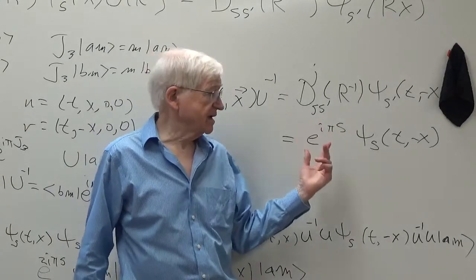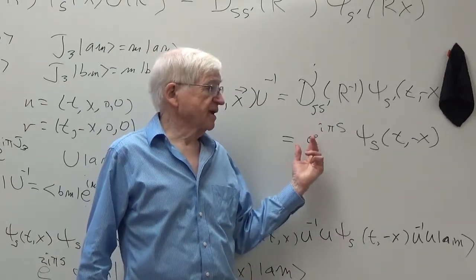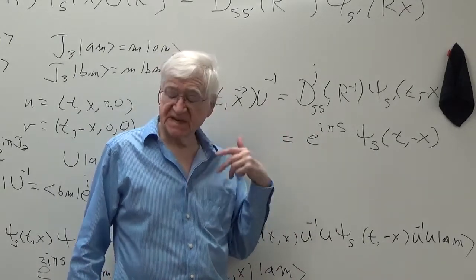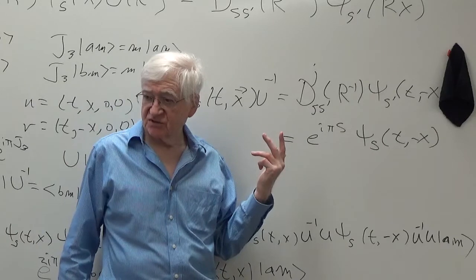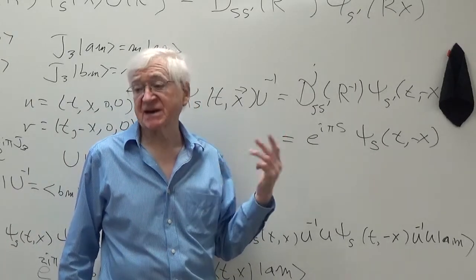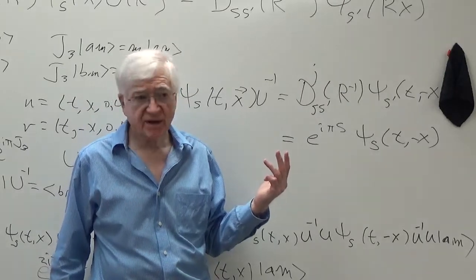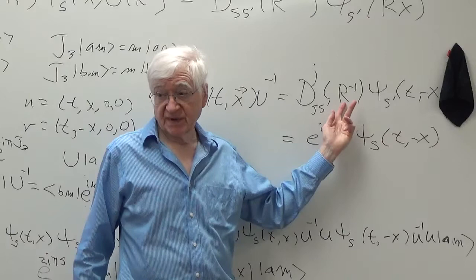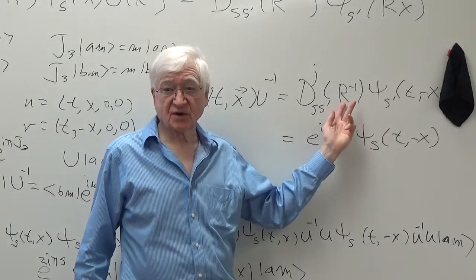So it's e to the I pi j3, because it's R inverse.